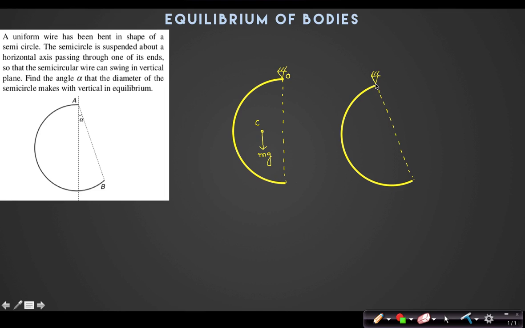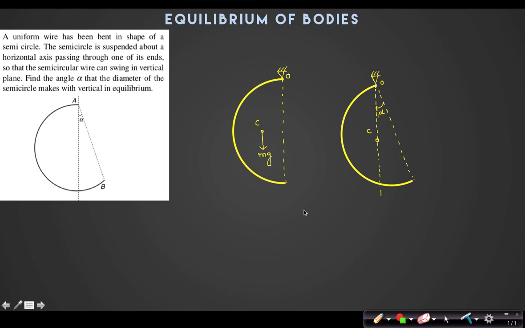Now if you draw a vertical line through the point of suspension, it will definitely pass through the center of mass. That's the main thing. You have to find this angle alpha with the vertical. Now it is not a tough question, I think. A very simple geometry you can apply and find it.